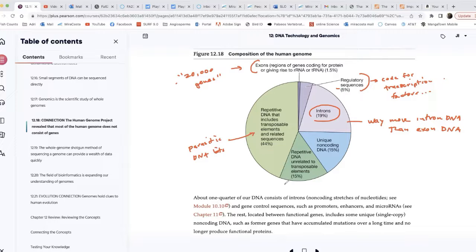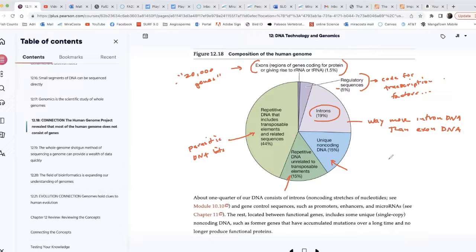There's repetitive DNA that we don't recognize as being related, and there's DNA that doesn't seem to serve any purpose, that we can't find any relationship with either existing genes or with the parasitic bits, right? And so yeah, the actual portions of the genome that code for our cells and the parts of our cells is really pretty minor. The things that you're made up of require far less DNA than what you actually have.